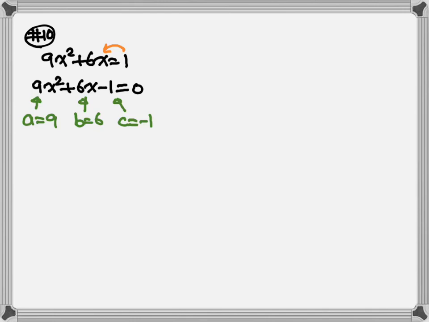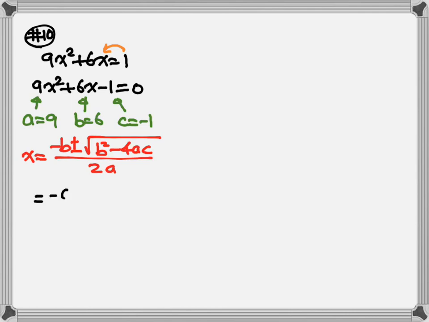Now, let's write down the quadratic formula one more time. X is equal to negative b plus minus square root of b squared minus 4ac over 2a. Then let's substitute different numbers for different variables. So keep the negative sign. B is equal to 6, plus minus square root of b squared will be 6 squared, minus 4. My a is 9.